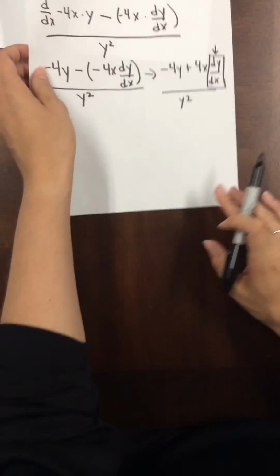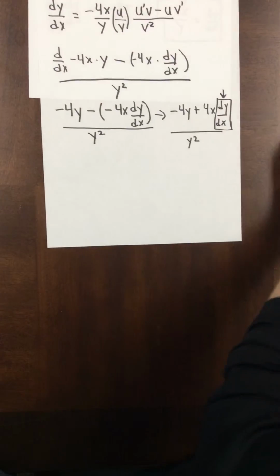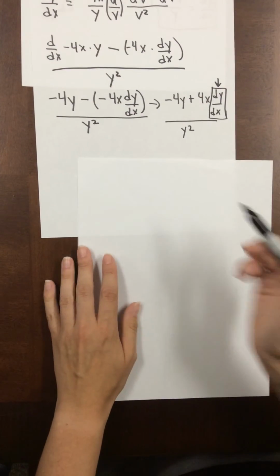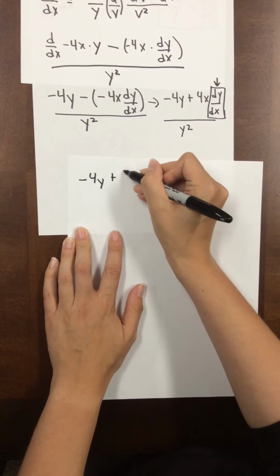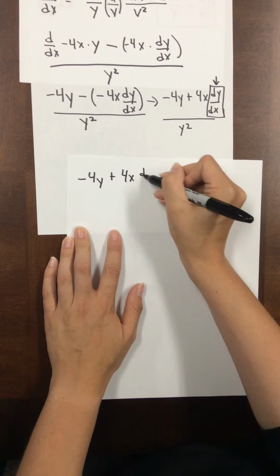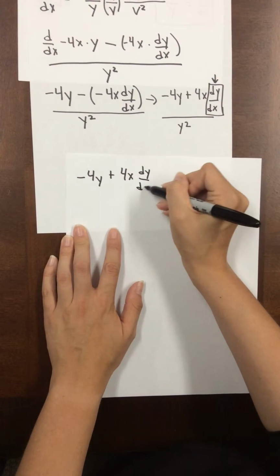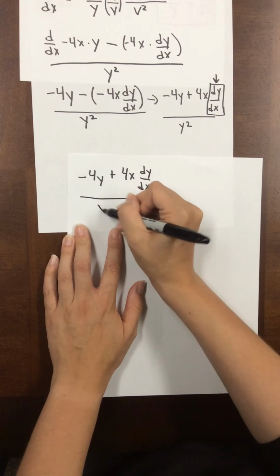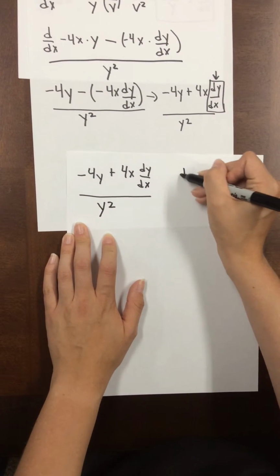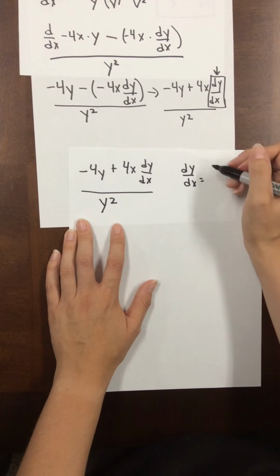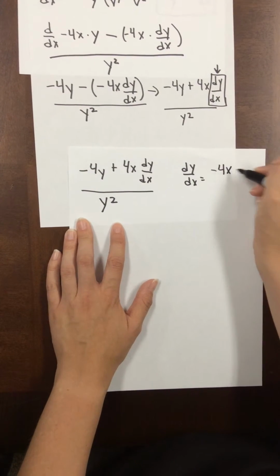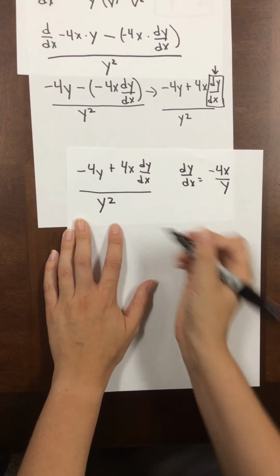So I'll move this up and rewrite our equation. We have negative 4y plus 4x dy over dx, all over y squared. And we know that dy over dx is equal to negative 4x all over y. Now we substitute that in.